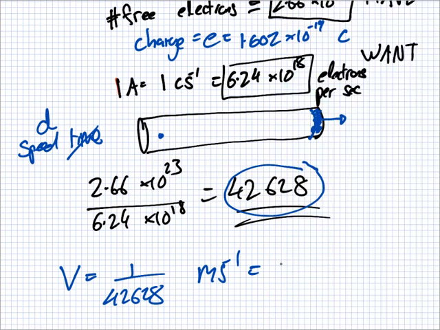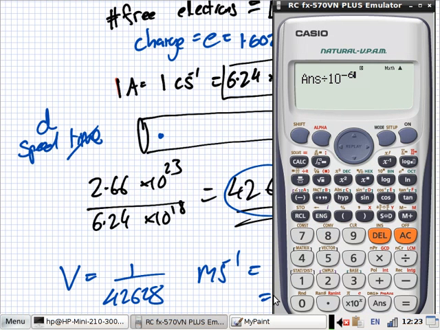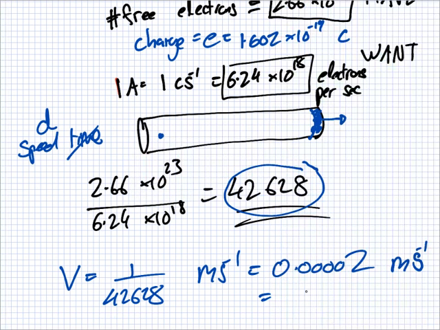0.0000235 meters per second. I could probably make this micro, huh? 23 micrometers per second. Oh, thank goodness.